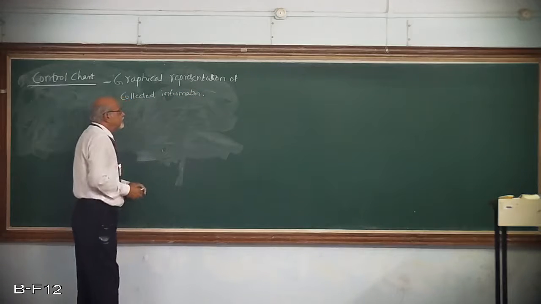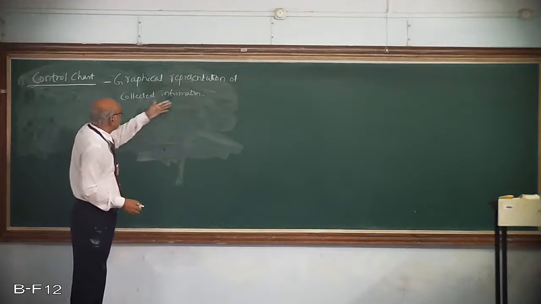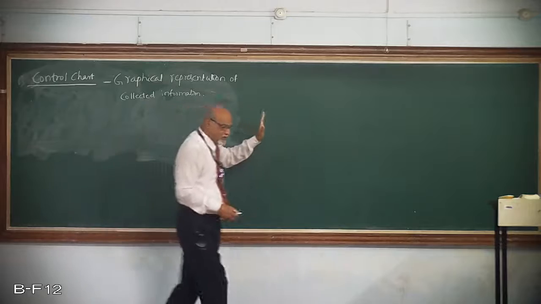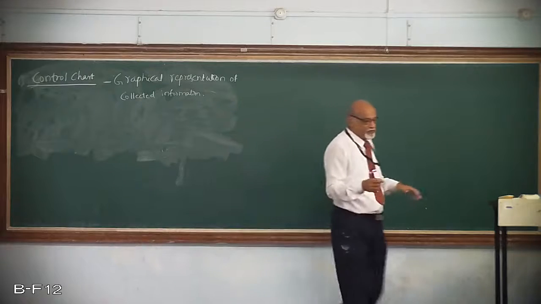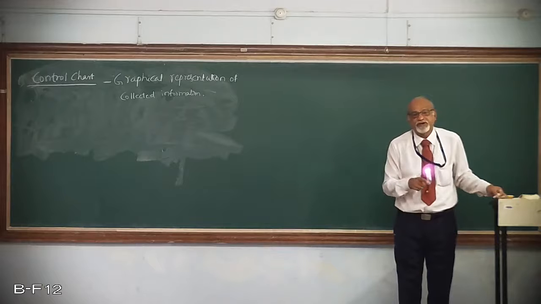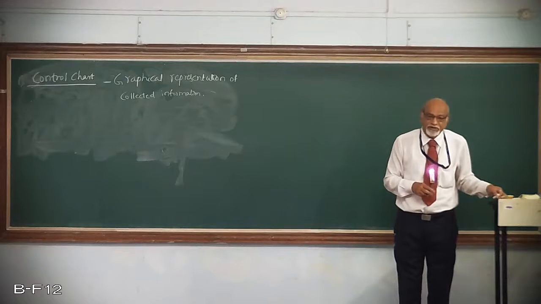It is chronological graphical representation of the collected information. It's chronological information. Whatever is there this time, next time, then I am going to draw certain inference. So the chronology is important.